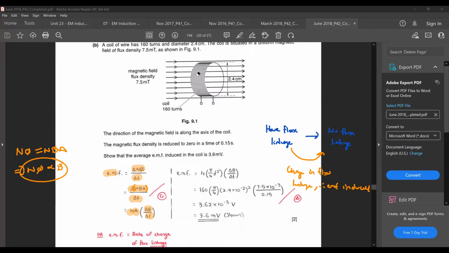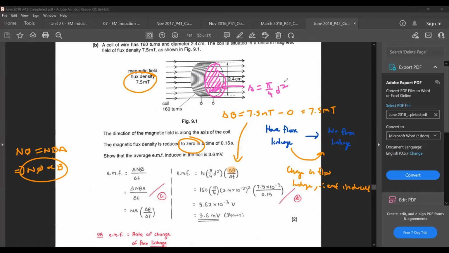Now, if I ask you what is my delta B, my delta B is 7.5 millitesla minus 0, giving me 7.5 millitesla, because originally this value is now reduced to 0. When I want to find my cross-sectional area, A is pi over 4 d squared.